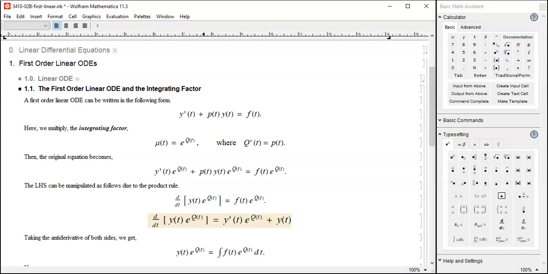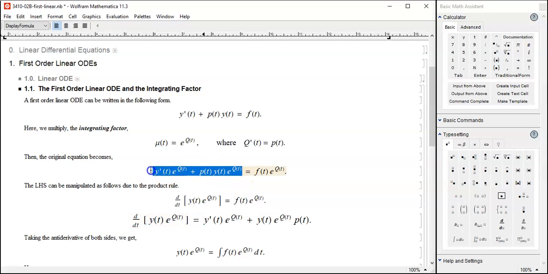Now, derivative of exponential always stays the same. And by chain rule, you have to multiply the derivative of the inside. But what's q prime? q prime is p. So let's replace this one by p of t, and what do we have? This right-hand side here is exactly the same as this original.